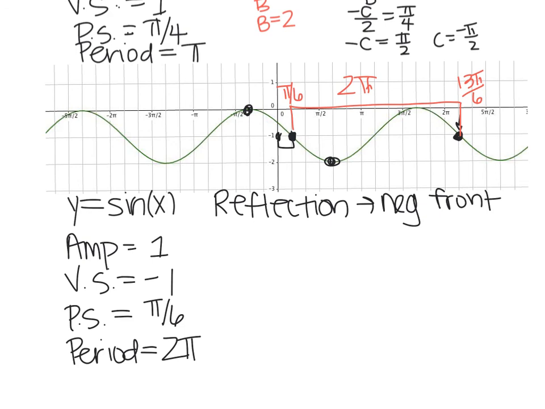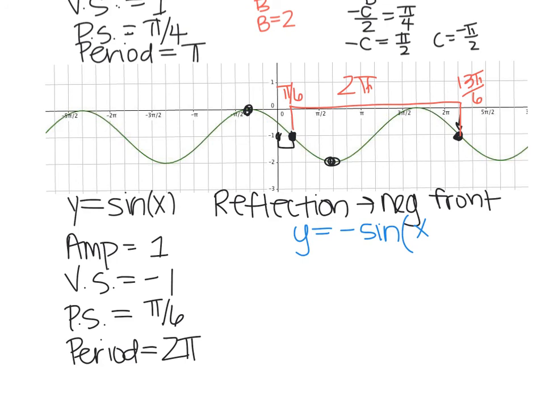Now we have all of the information to write the equation of our graph. We have y equals, and I know I have a negative out in front, so negative sine, and then we work on what's inside our parentheses. Because the period is 2 pi, I know that b is 1, so it's going to be x.